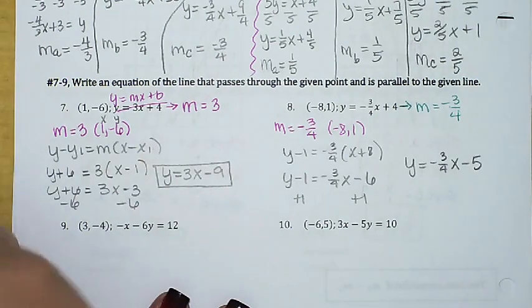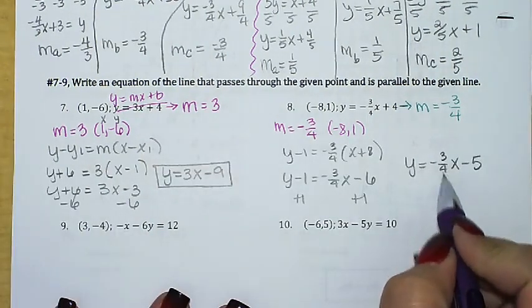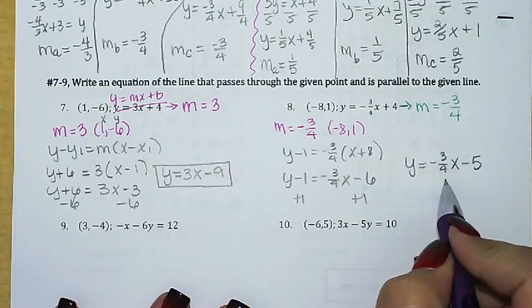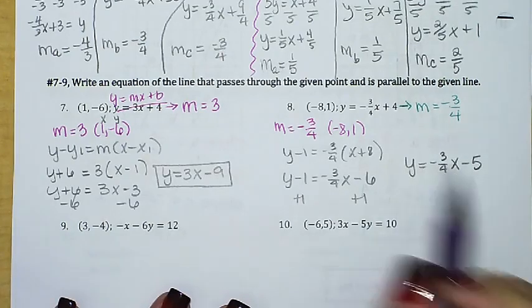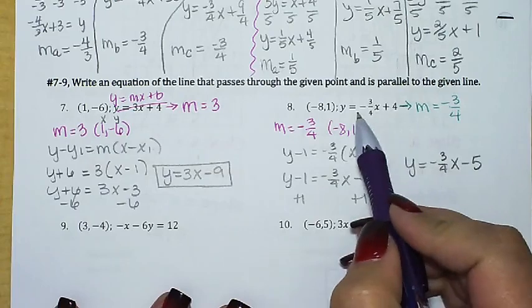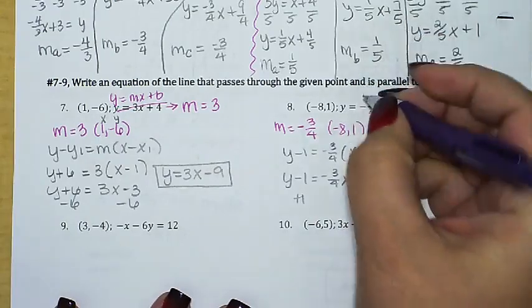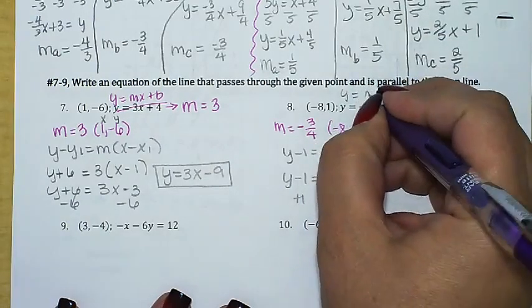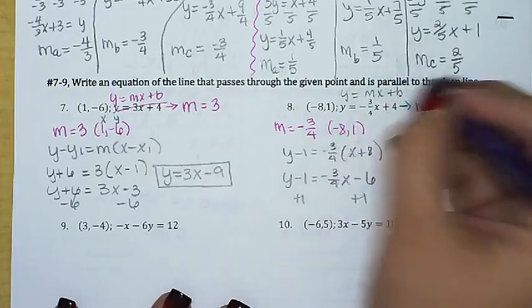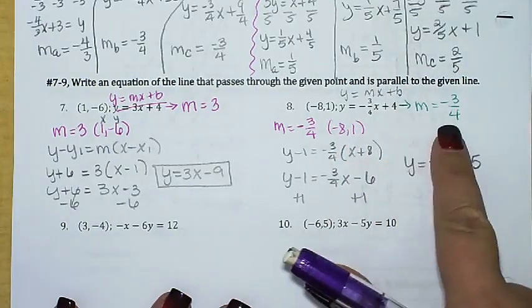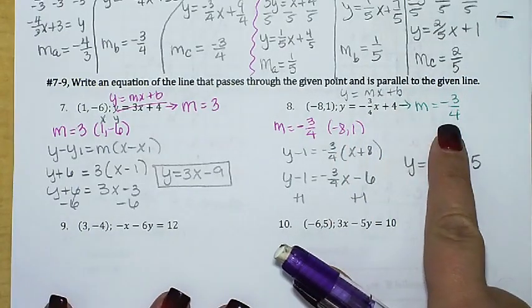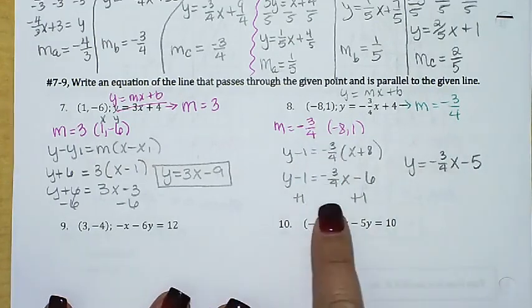All right, so check your work here. We've got y equals negative 3/4 x minus 5. That would be the equation of our line. What I did is I took this one, which is currently in slope-intercept form. I was able to identify what its slope was, and then I used it for my new line.